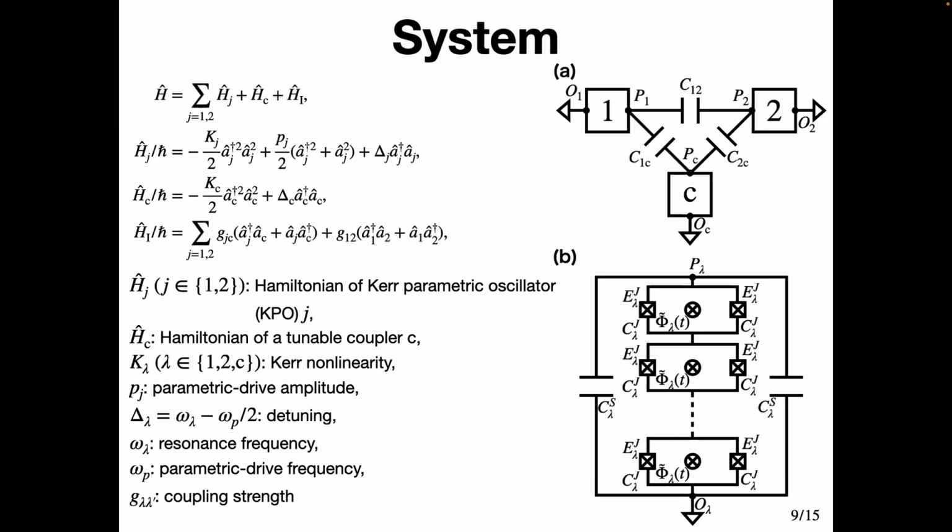Omega_lambda is the resonance frequency, and this is a Hamiltonian of the coupler, and the coupler is not parametrically driven, so here p does not appear in this Hamiltonian. And this is an interaction Hamiltonian between the subsystems. g is the coupling strength.